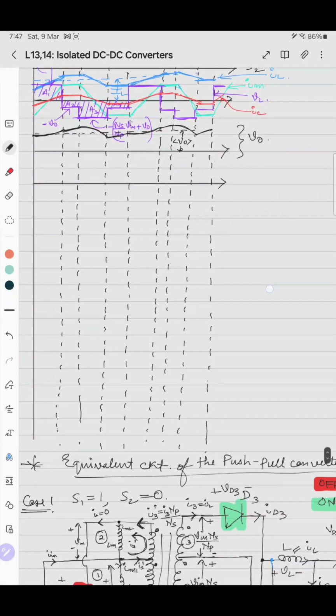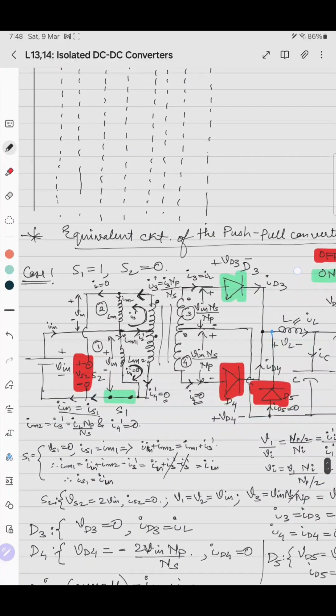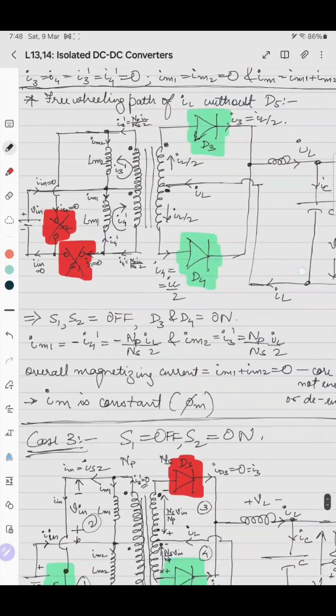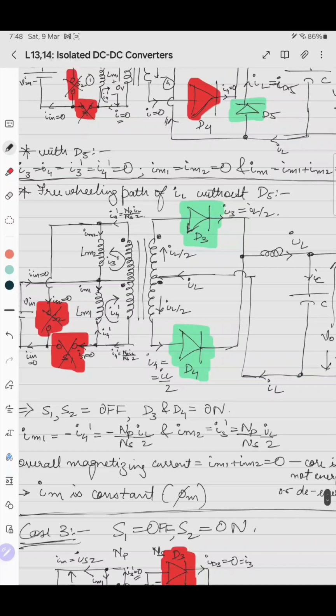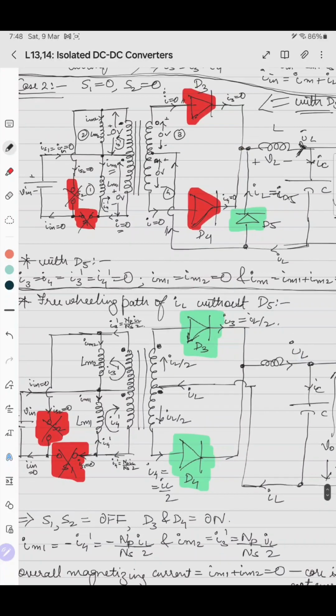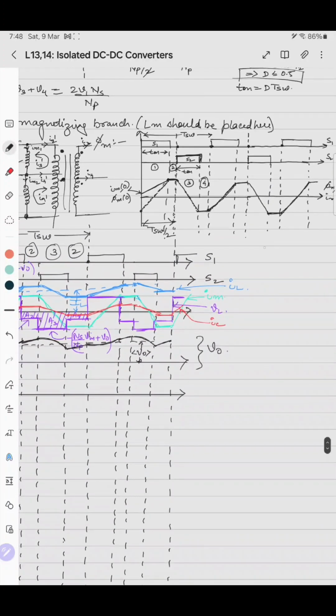So we'll see the diode D3. The diode D3 in the first case is on, off. We will not draw the freewheeling. We'll consider only without it. This is all considering without it.